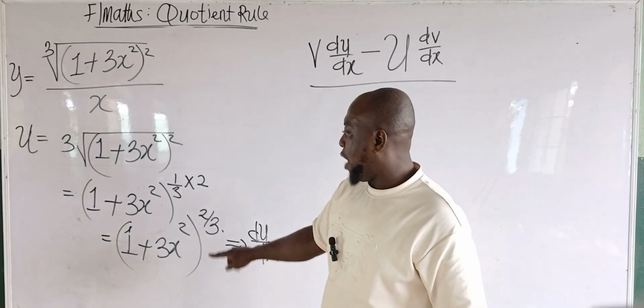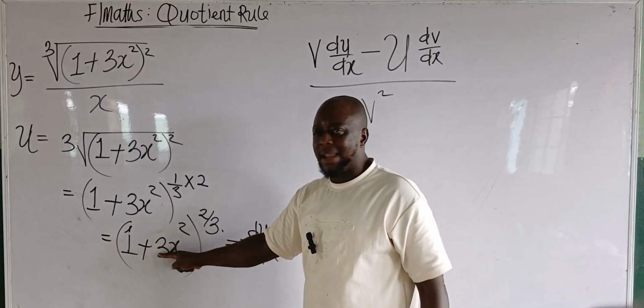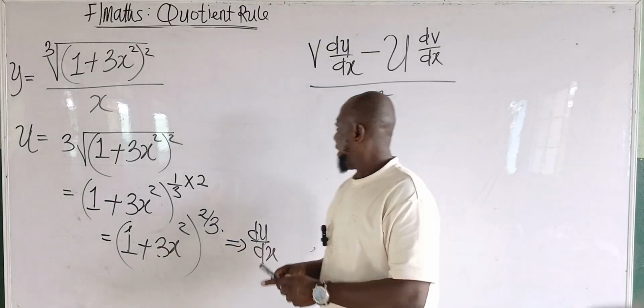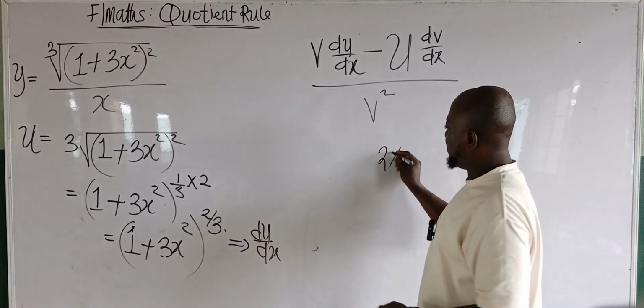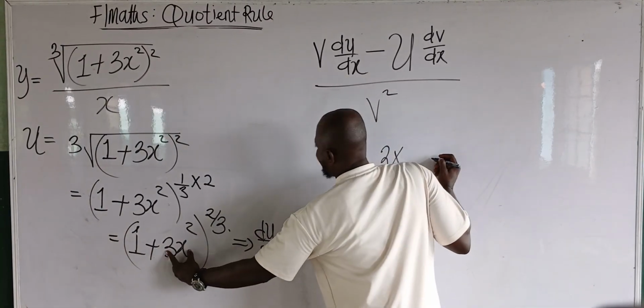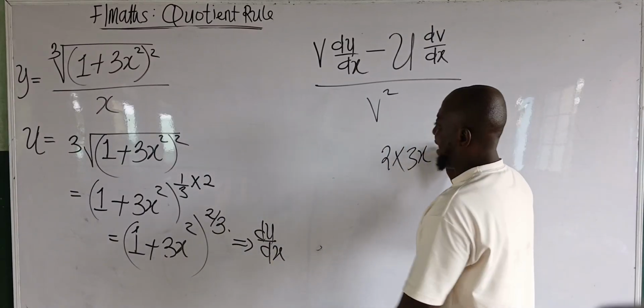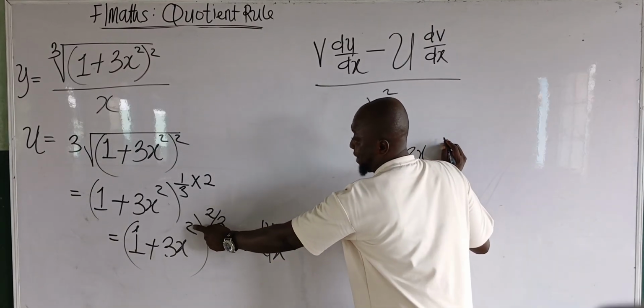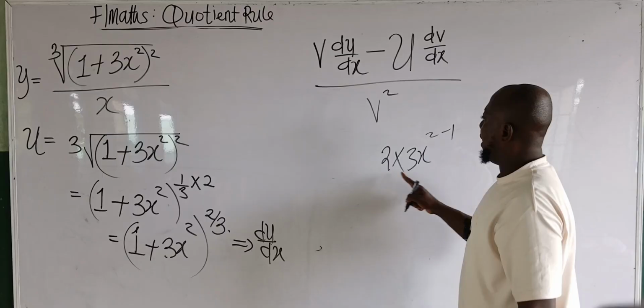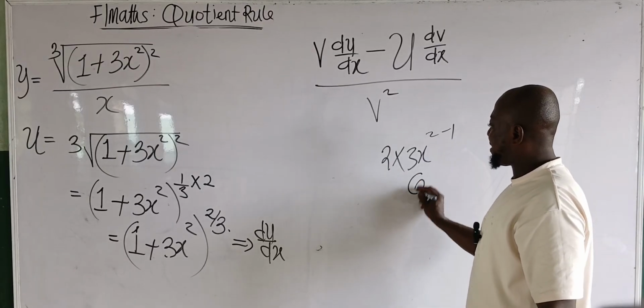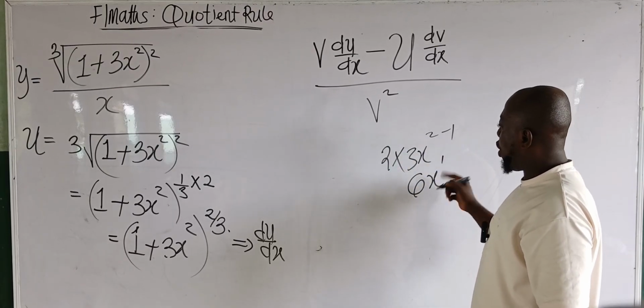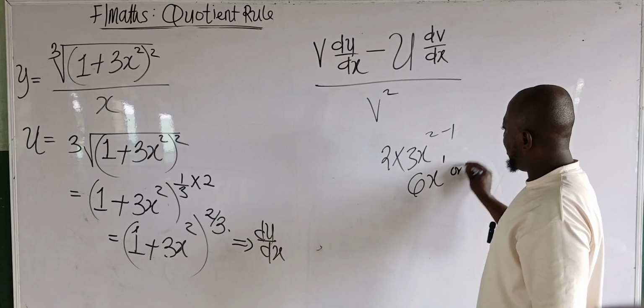I will use this 2 to multiply this value here, and then repeat the 2 in the bracket, 2 minus 1. Multiplying, I'm having 6x. 2 minus 1 is 1, or you write it just as 6x.